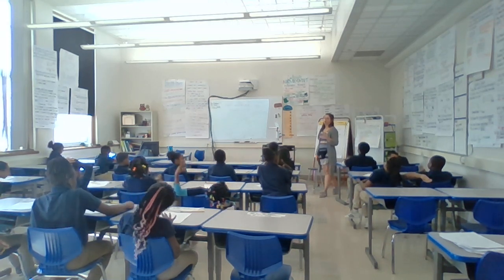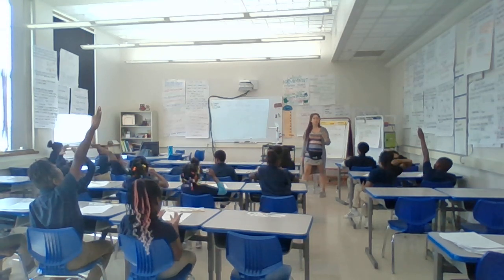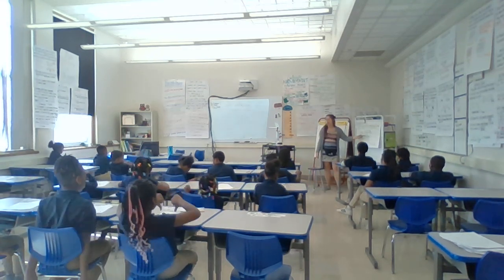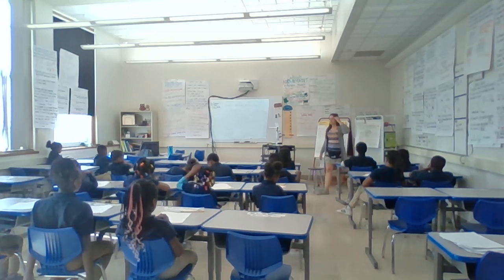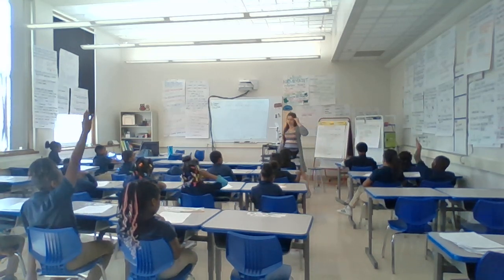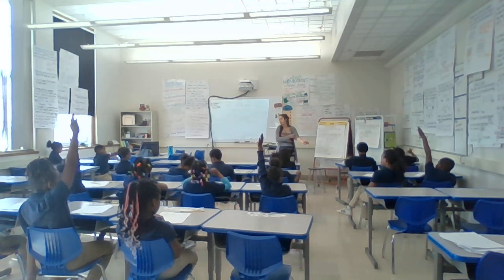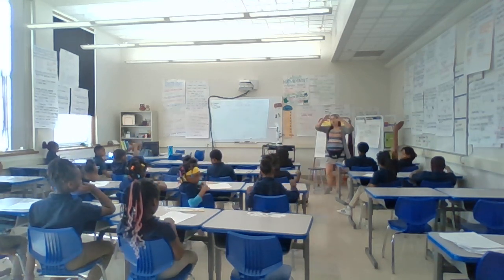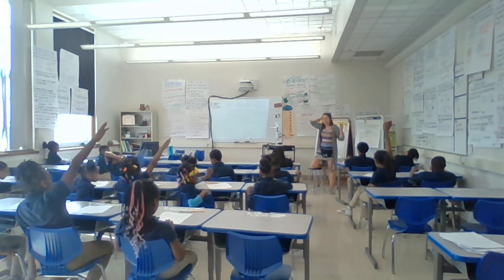If I draw another circle, what would it get to? DJ? 14. Did 14 kids vote? No. Did 12 kids vote? No. What comes between 12 and 14? Ramaya? 13.